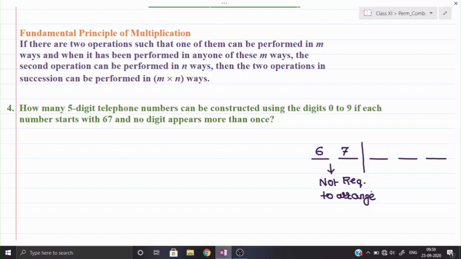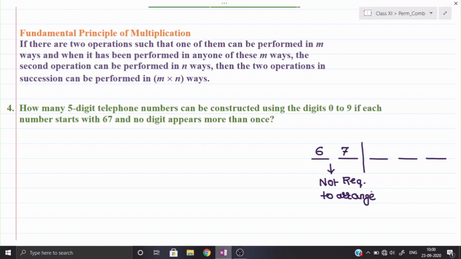If different numbers could come there, then different numbers of ways could be formed, but these 2 places are always fixed, so we need not arrange them. Now let us see the 3 places remaining.